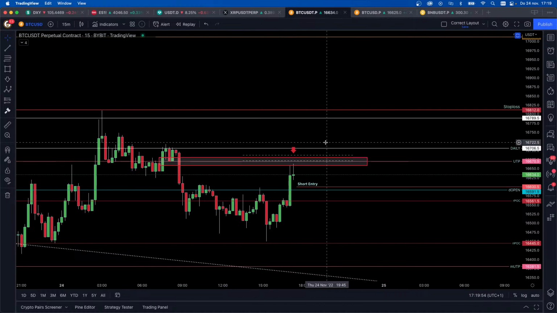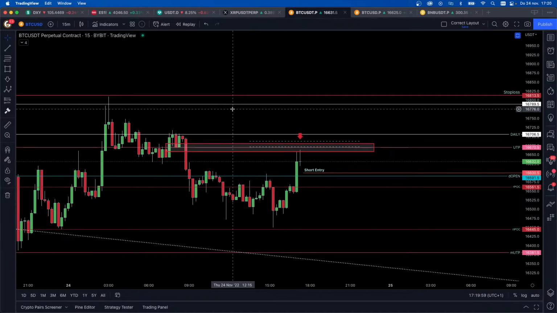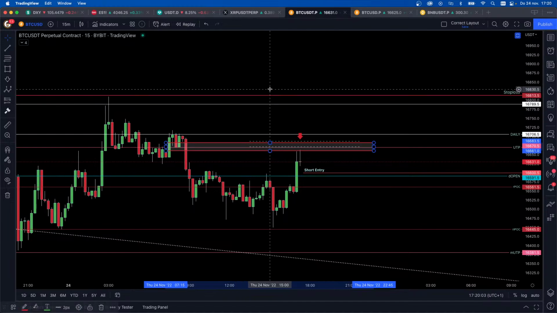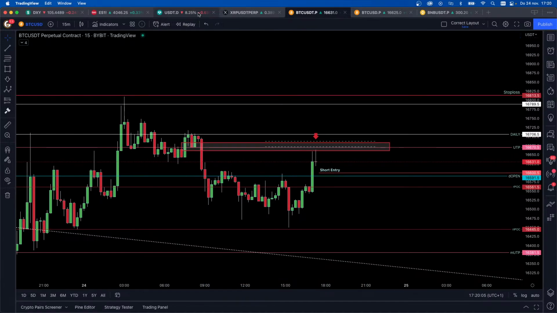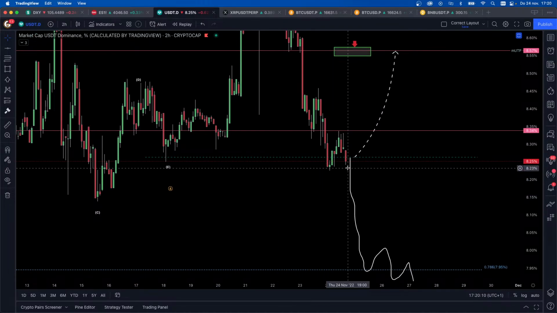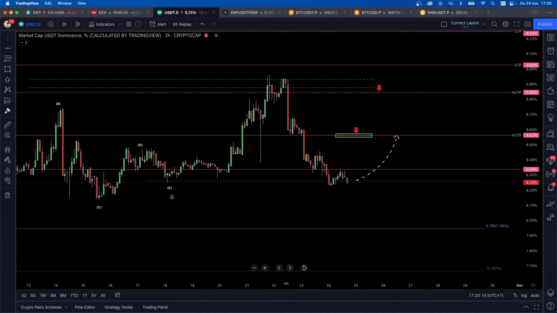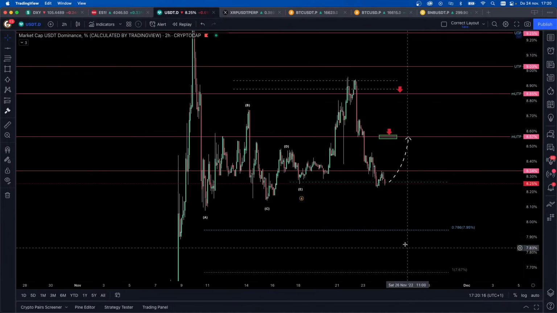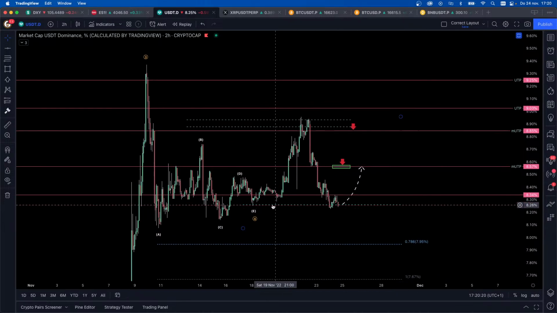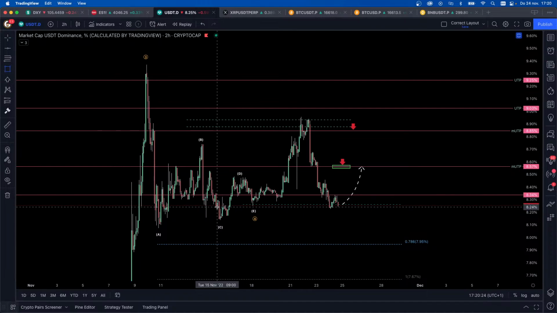And we are still at some major levels, so this is definitely a trade that I will take. But it's USDT that's a bit difficult to chart here. You do see this as an untapped price region.